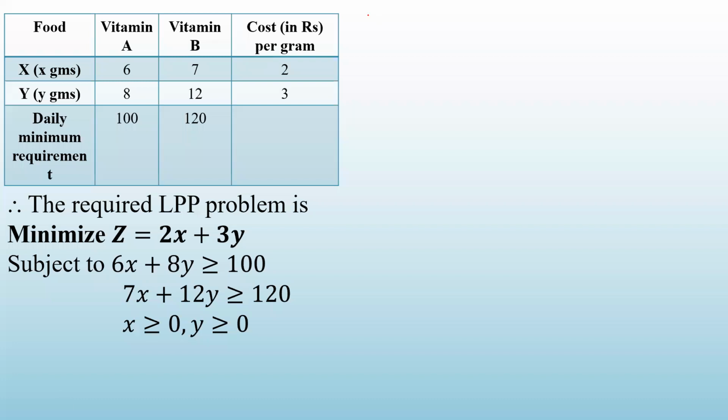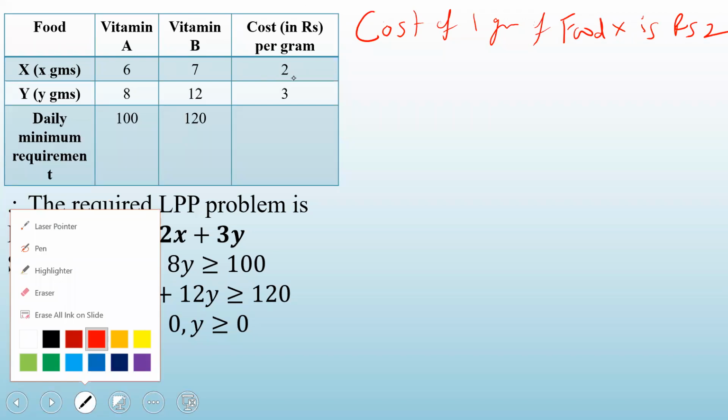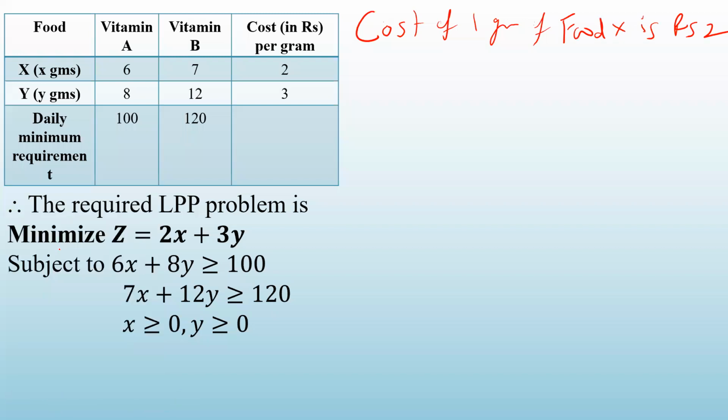So the cost of 1 gram of food X is how much? Rupees 2. Therefore, the cost of how many grams of food X is he eating?